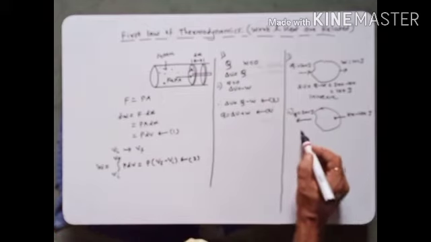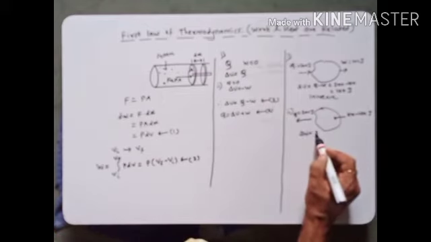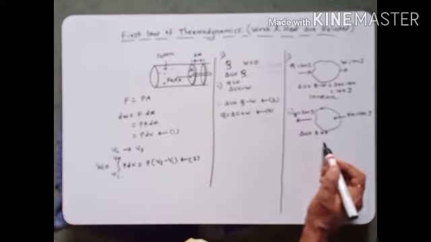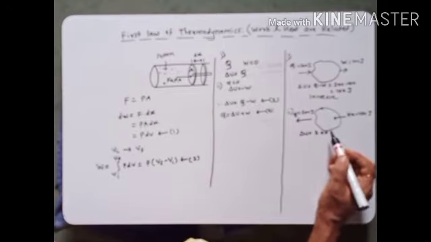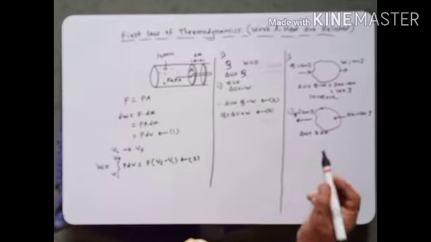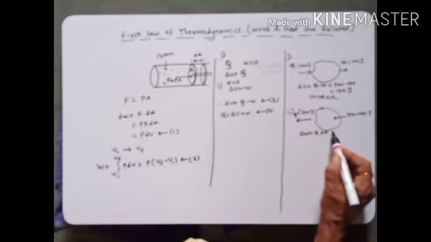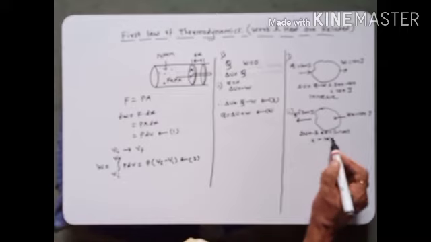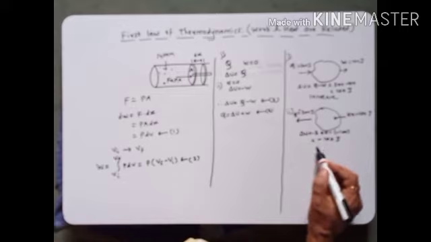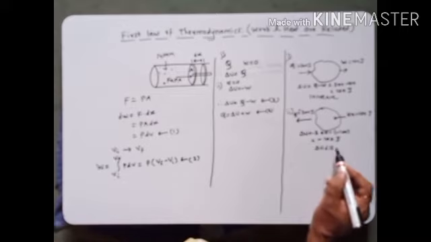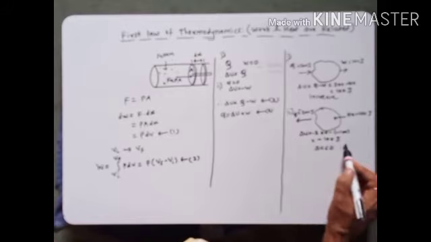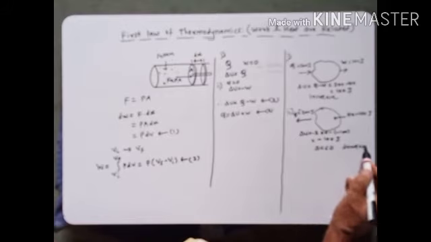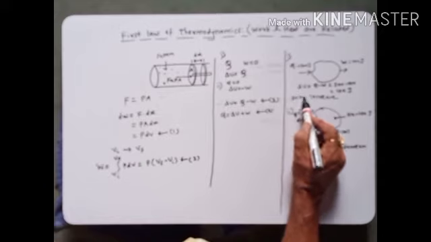Then delta U is equal to 200 minus 200 taken out, minus 200 minus 100, which means we get minus 100 joules. Here we consider delta U is less than 0. Internal energy decreases.